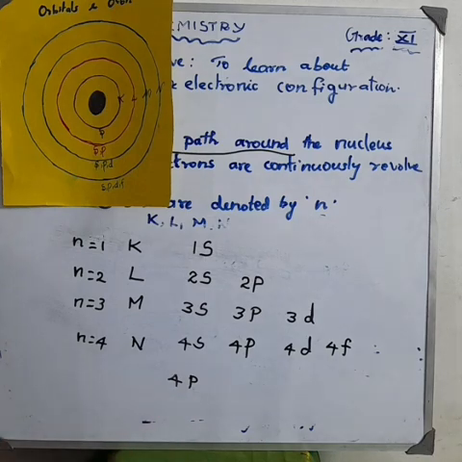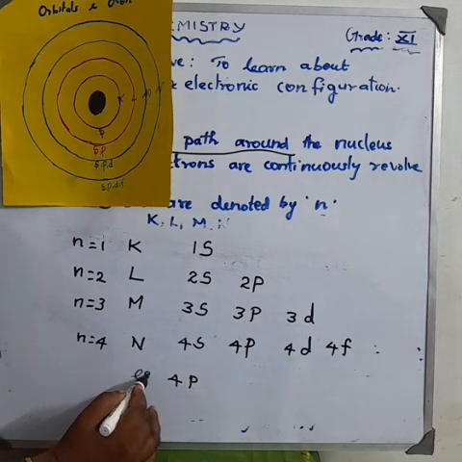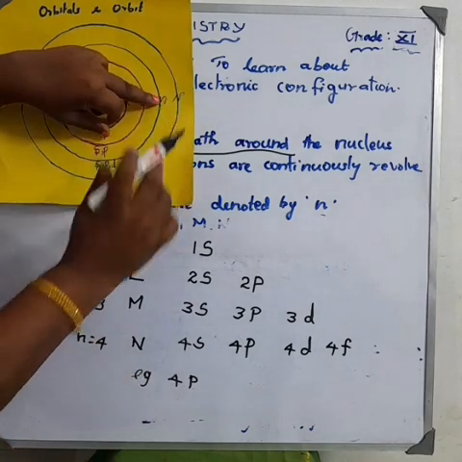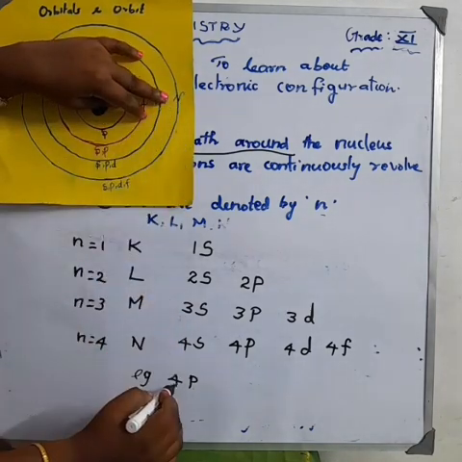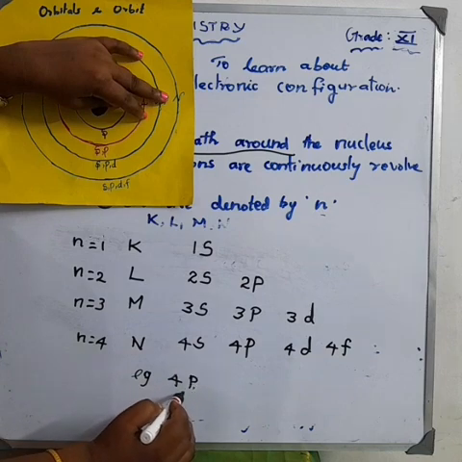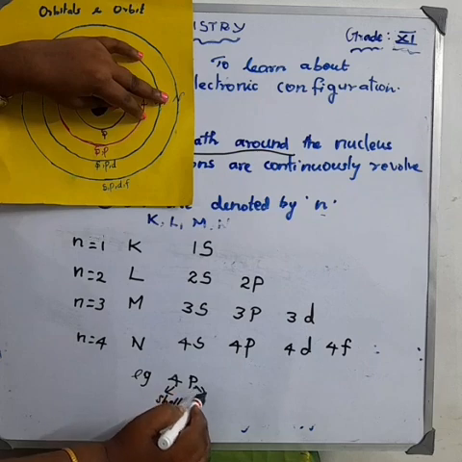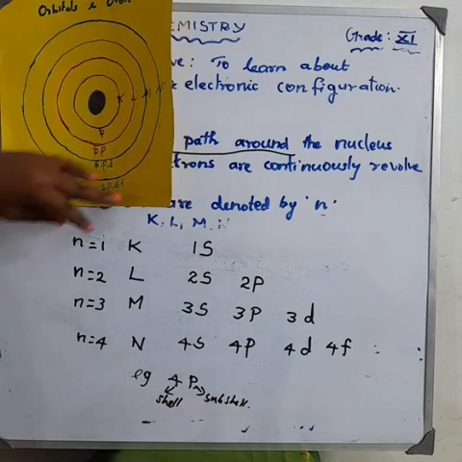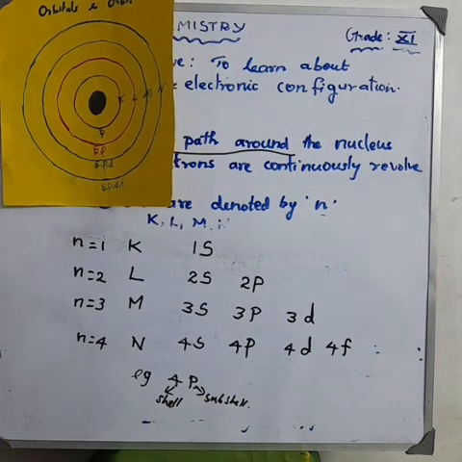P orbital. So 4p means the electrons are present in the 4th orbit and the P orbital. This is the shell or orbit. This is the subshell or orbital. This is the arrangement of electrons surrounded by the nucleus. Okay, understand?